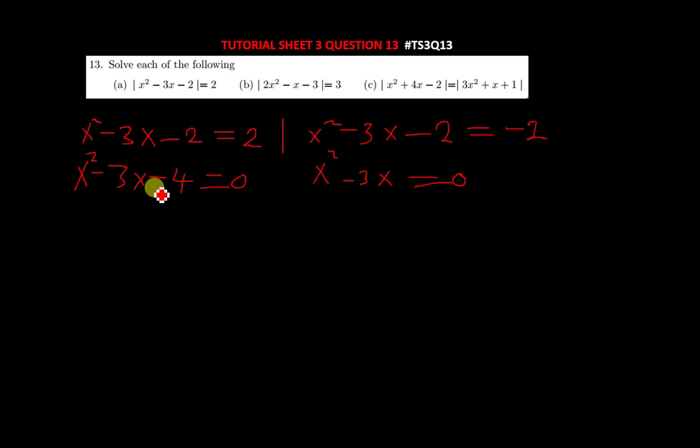Alright, so what follows now? You find the product. The product will be -4, and then the sum will be -3. So what numbers can we add to give us -3, and when we multiply them, we get -4? I think it's 1 and -4.